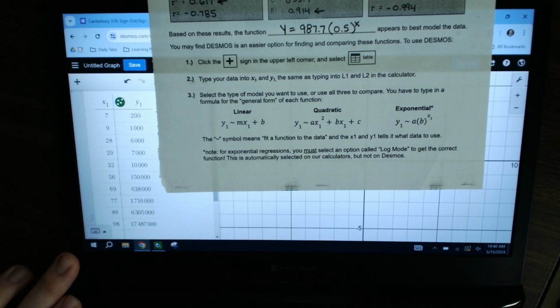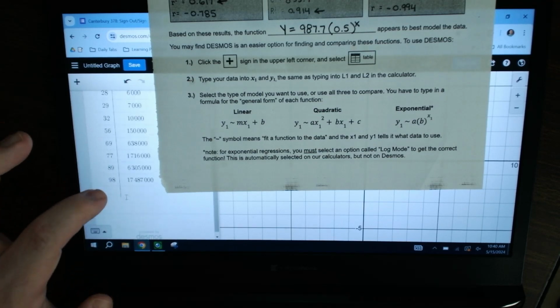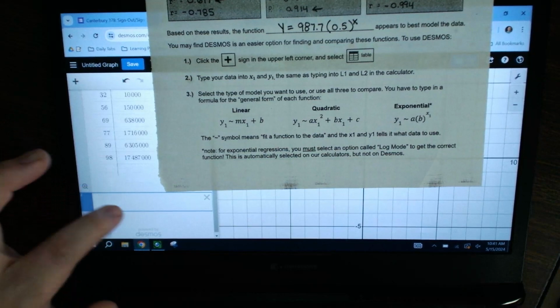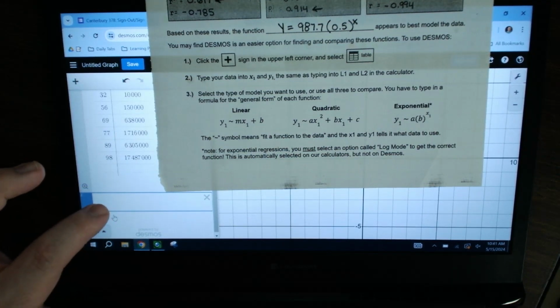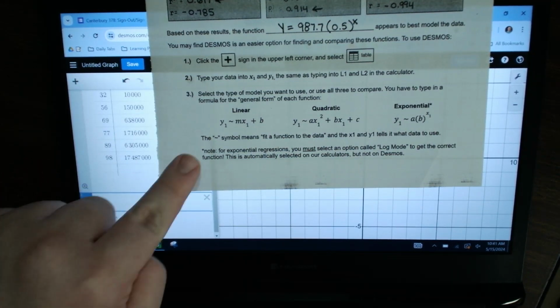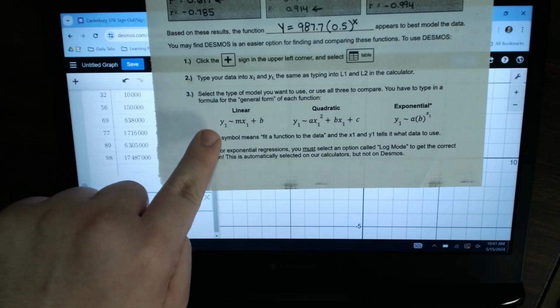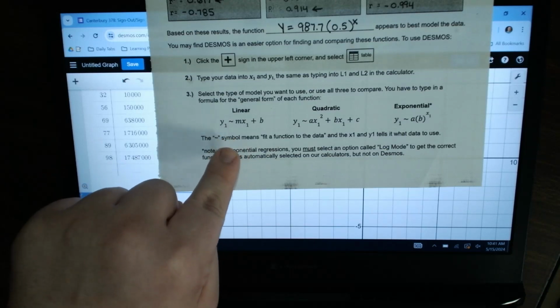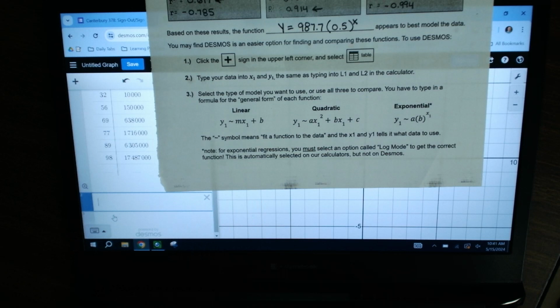In the next line down, not in this table, but in the next actual row that you can type in, we need to type in this linear model, y1 squiggly mx1 plus b. To type that in, first the letter y.